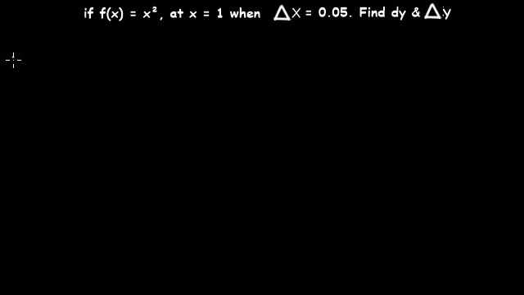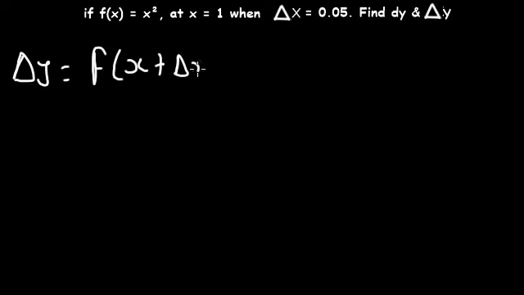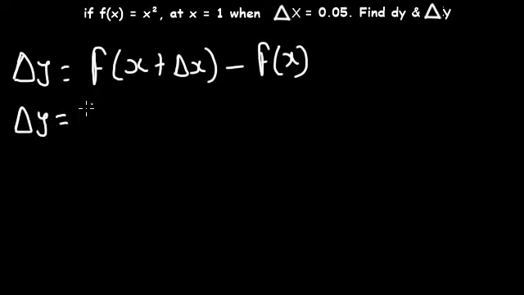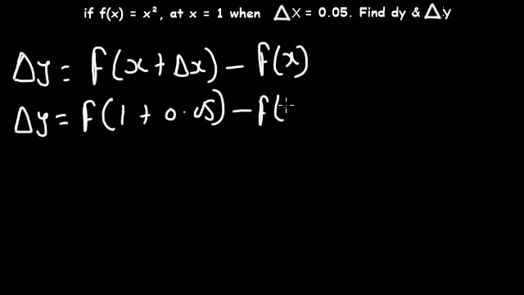It is important you understand that delta y is simply equal to f of x plus delta x minus f of x. Which simply means, since x is equal to 1, then delta y would be equal to f of 1 plus delta x, which is 0.05, then minus f of x, which is f of 1. Perfect.